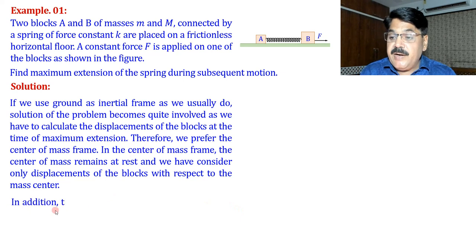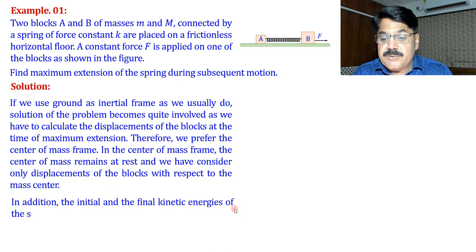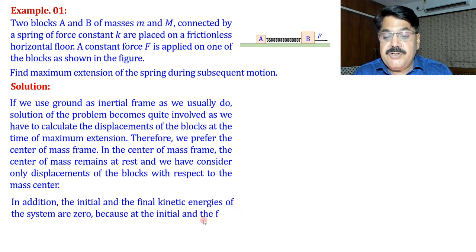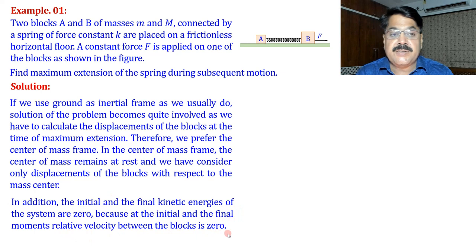And further, in addition, the initial and the final kinetic energies of the system are zero because at the initial and at the final moments, the relative velocity between the blocks is zero. That is a great idea. Let us elaborate it.